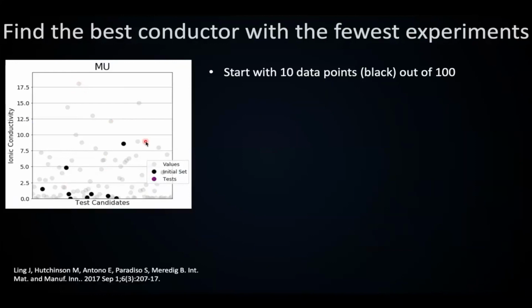To exercise this active learning loop, we're going to start with 10 data points, these 10 black dots. I'm going to pretend that I only have access to those 10, and I'm going to train a model only with those 10 and hide the remaining 90 data points.